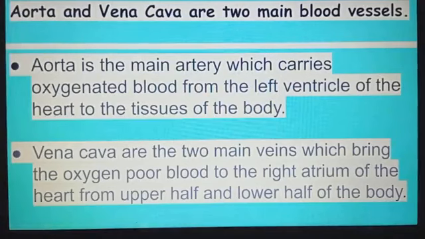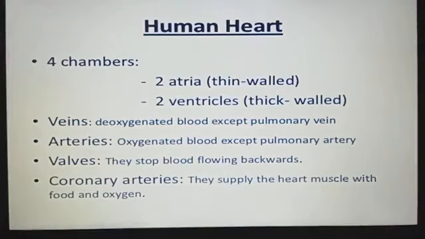Now, here are few important blood vessels which you need to remember, and these blood vessels are present inside the heart. Till now, the blood vessels which we were discussing were the veins, arteries, and capillaries, which you have learned in the previous sessions.